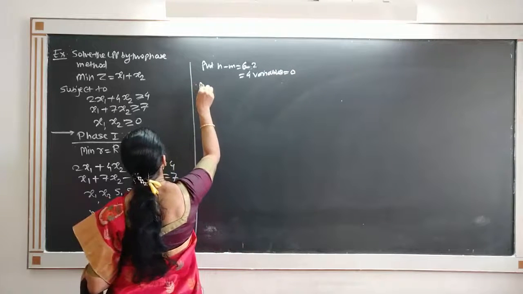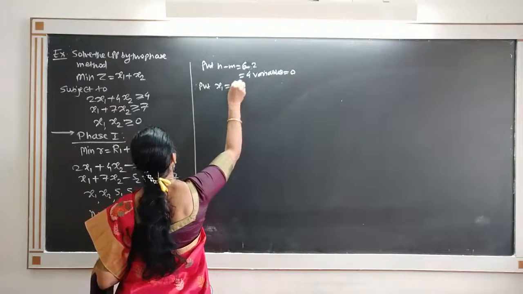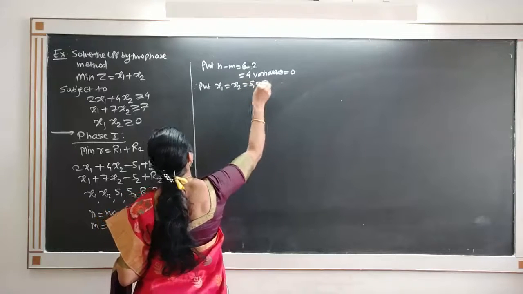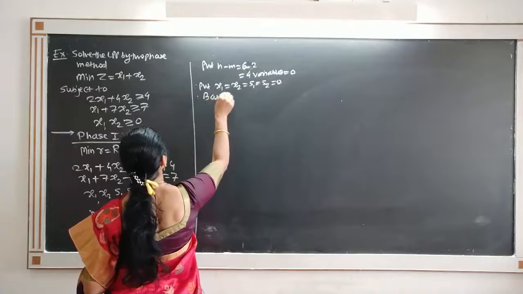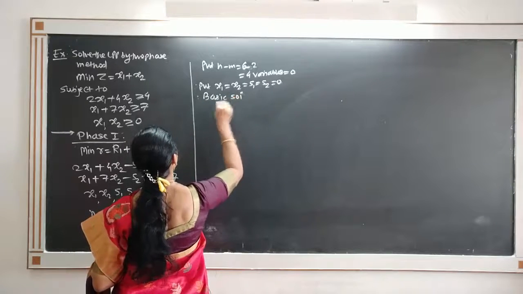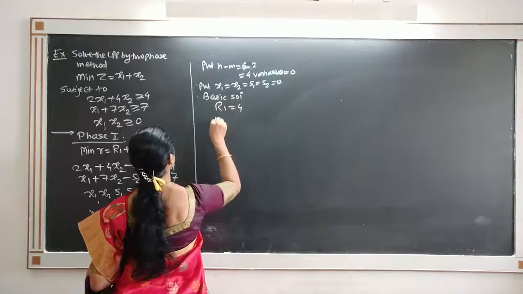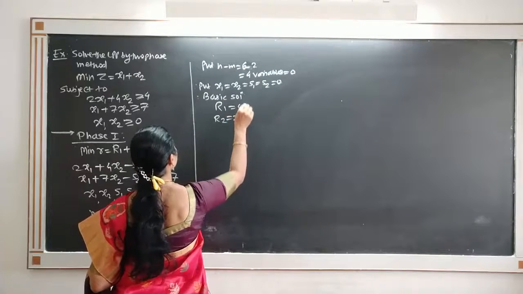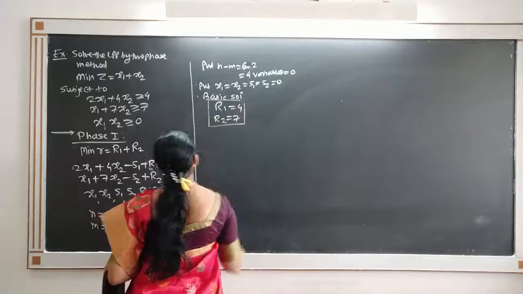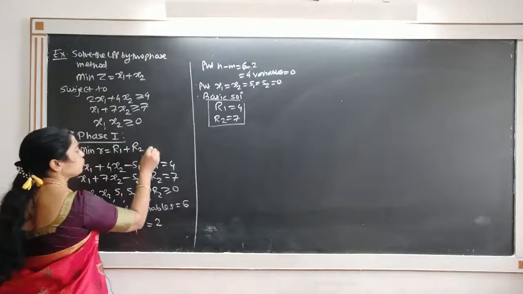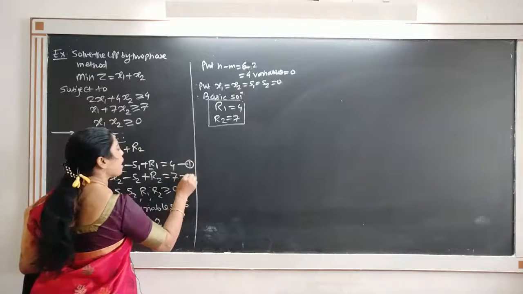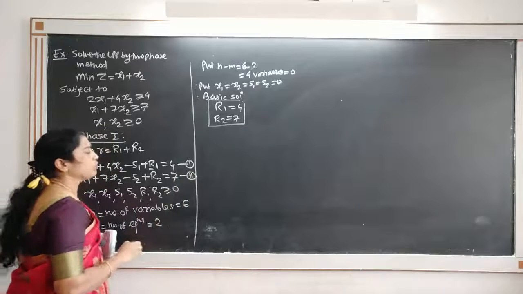So put x1, x2, s1, s2 equal to 0. We get the basic solution r1 equal to 4 and r2 equal to 7. Because r1 and r2 are basic variables and they appear in the objective function, we find the values of r1 and r2 from equations 1 and 2.